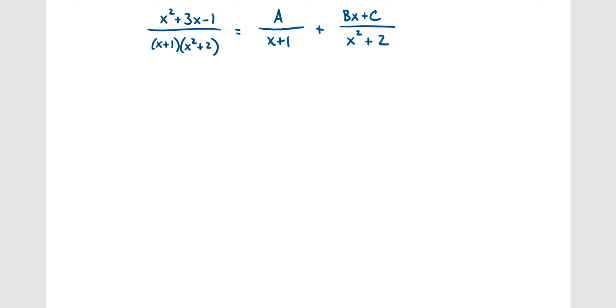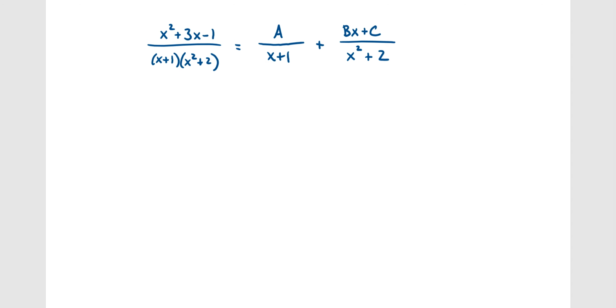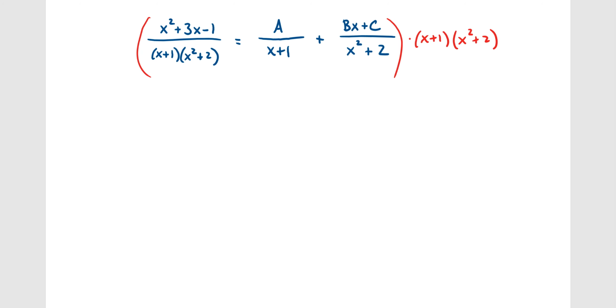But we're going to start the same way. We're going to multiply everything by that least common denominator, the original denominator, which is (x plus 1) times (x squared plus 2). And then we're going to rewrite it and see what cancels off. On the left-hand side, the whole denominator cancels, and we're just left with x squared plus 3x minus 1.